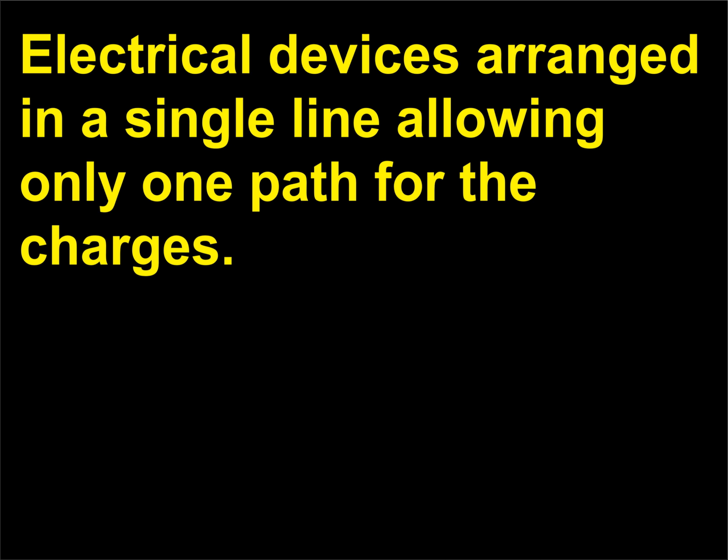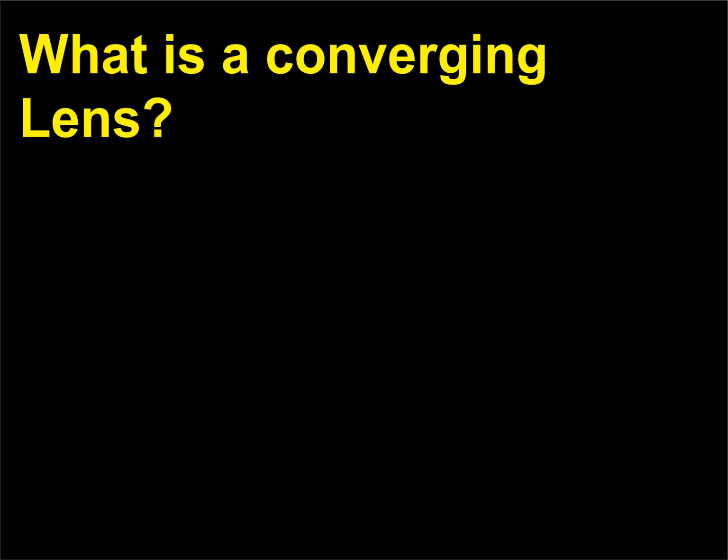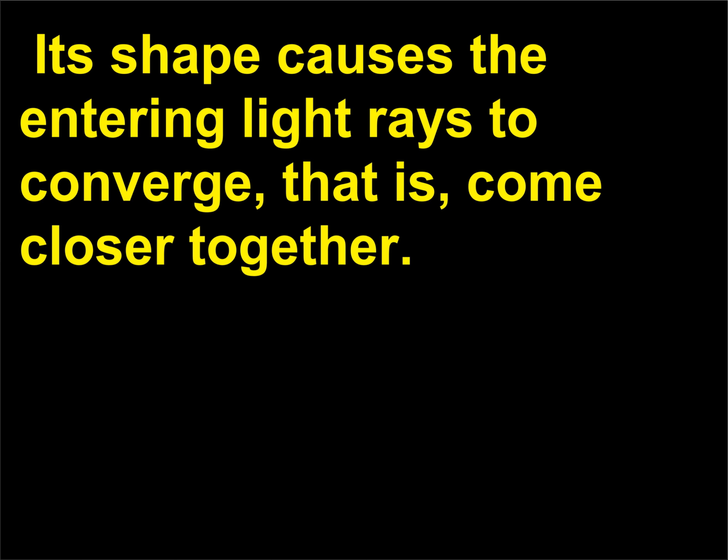Electrical devices arranged in a single line allowing only one path for the charges. What is a converging lens? Has at least one convex side. Its shape causes the entering light rays to converge, that is, come closer together.